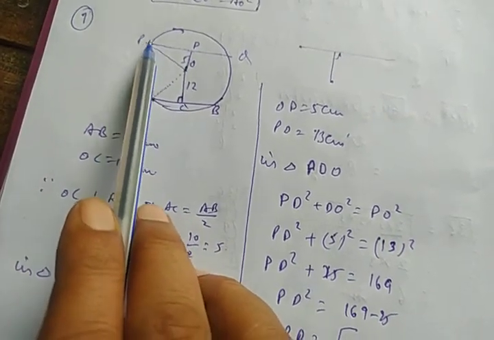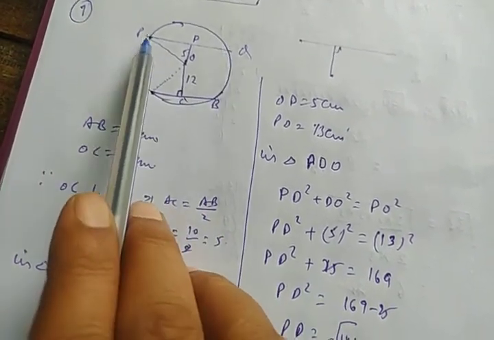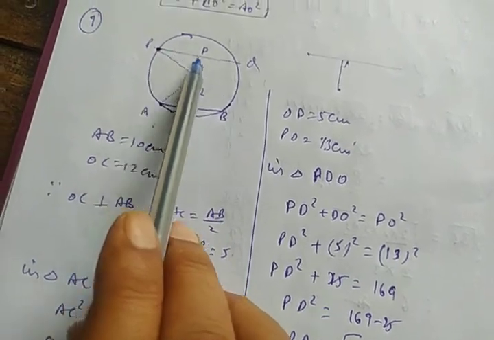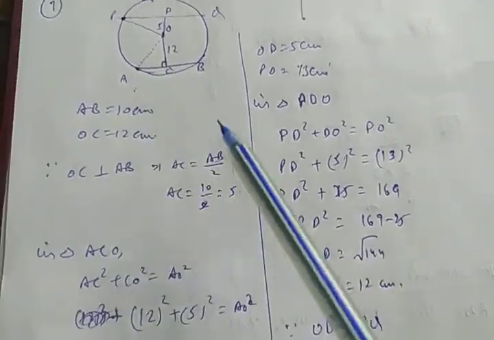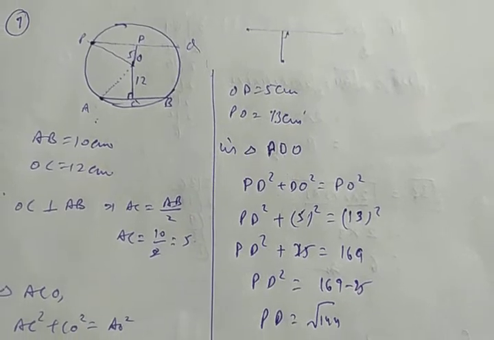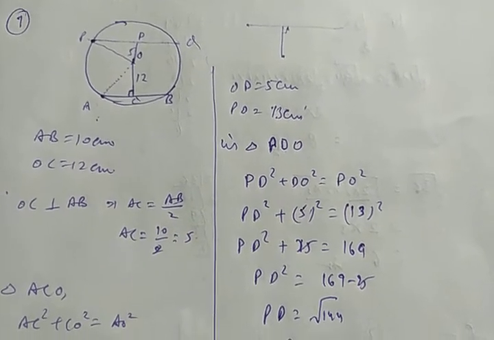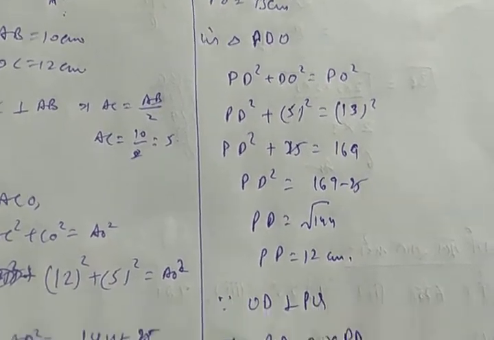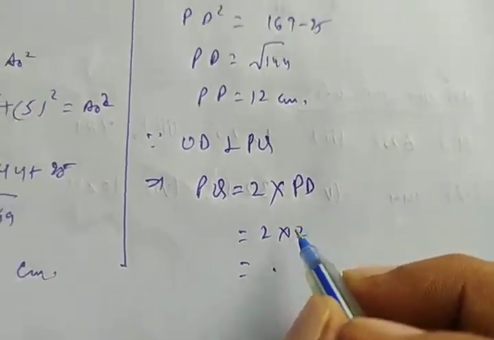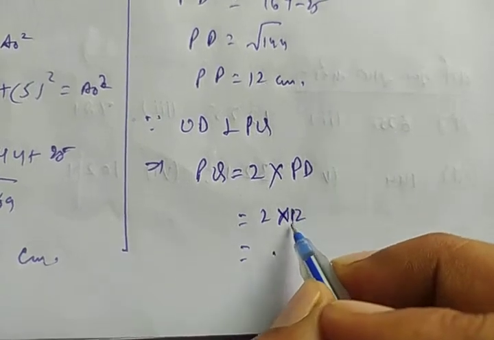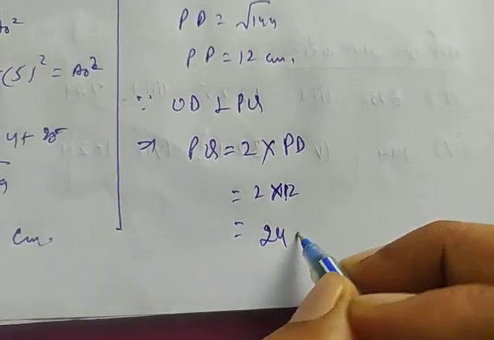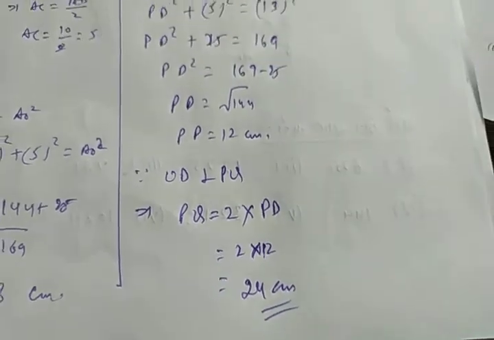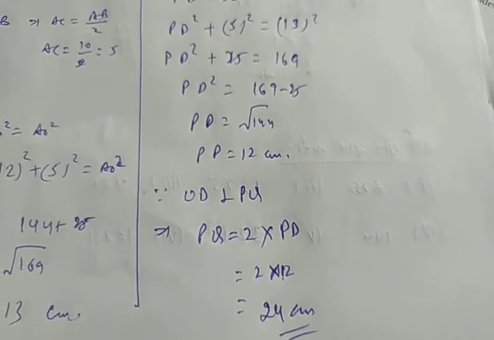If you want to find out the total length of the chord, then you will have to make it twice, because these are two similar parts. Or rather you can say D is the midpoint of chord PQ. Then 2 into 12, that is 24 centimeter. In this way calculation will go on.